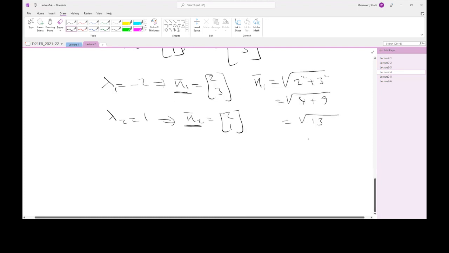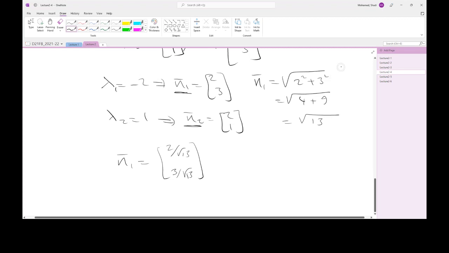And if you divide n1 by its length, you get it normalized. So n1 normalized is going to be 2 divided by the square root of 13, and 3 divided by the square root of 13. And you do the same thing for n2.